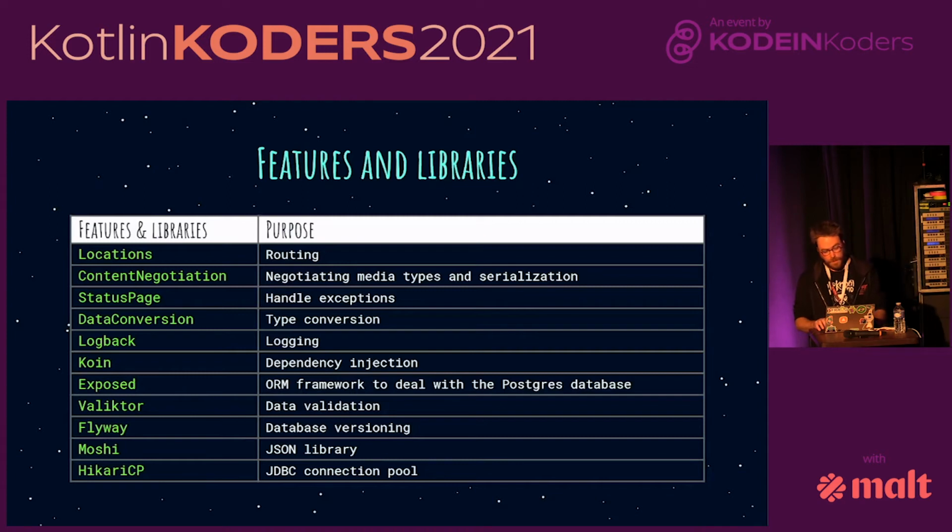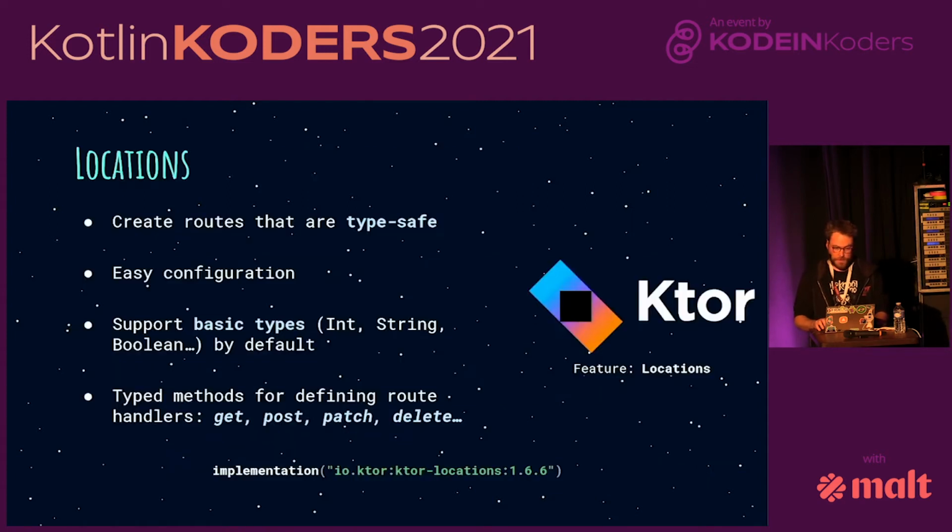Okay, so the first thing you want to do when you are building a microservice is to define the routes of your API, and we're going to use the locations feature. It enables you to create routes that are type safe, as we evolve in the Kotlin world.